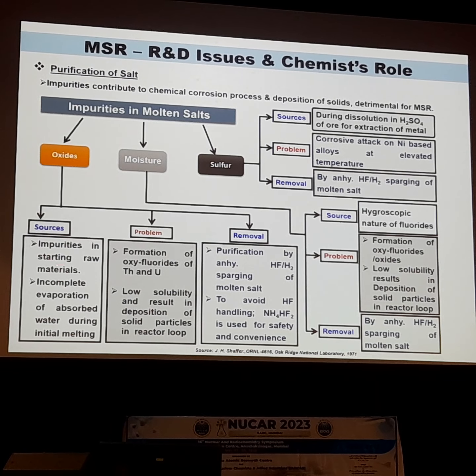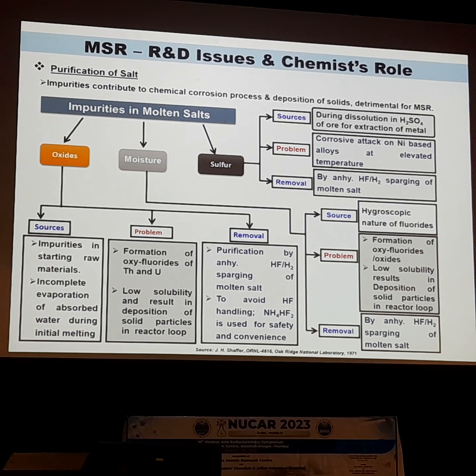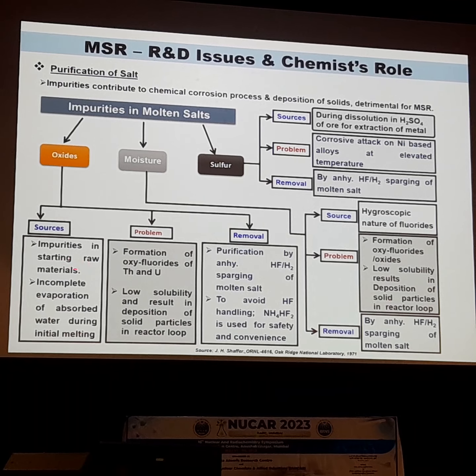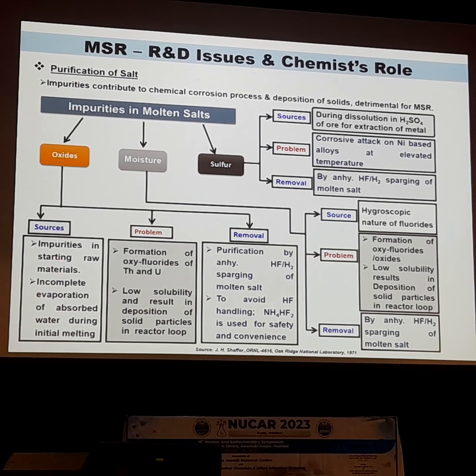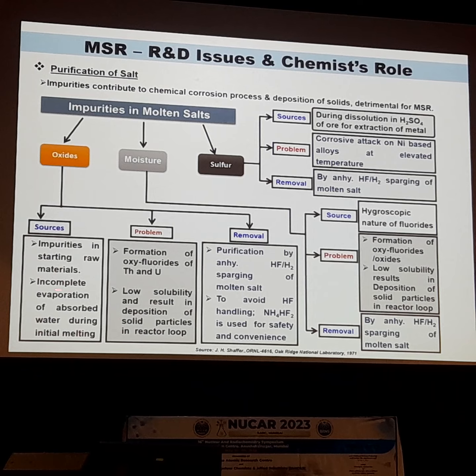Impurity water present in the raw material of the fluoride salts, and also incomplete evaporation of the absorbed water during initial melting. At that time, in situ oxide generation may also occur, and that is a source of oxide impurity. They also form oxyfluorides of thorium or uranium. They have a low solubility and deposit in the reactor loop as solid particles. So they can be purified by HF or H2O purging.